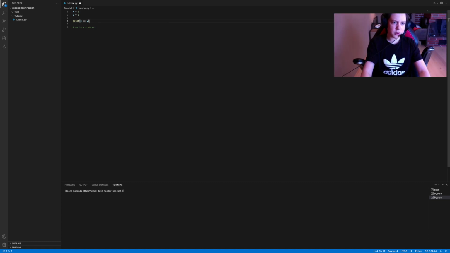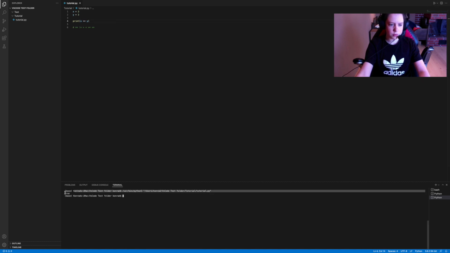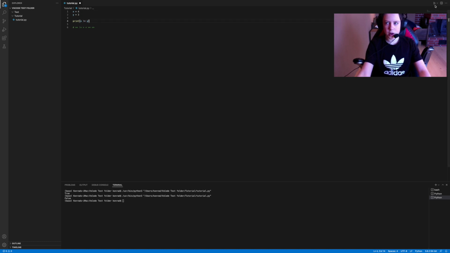So this first one checks this symbol here, the two equal signs. It checks whether x is equal to y, and x is equal to y, so it will return true. This one checks if x is not equal to y and x is equal to y, so that will return false. If we changed x to something else, for example 4, then x is not equal to y, so that would return true.